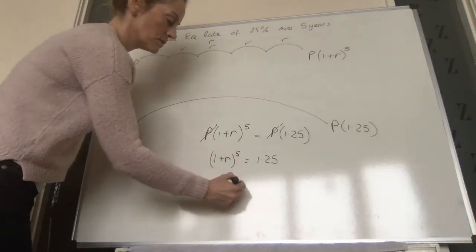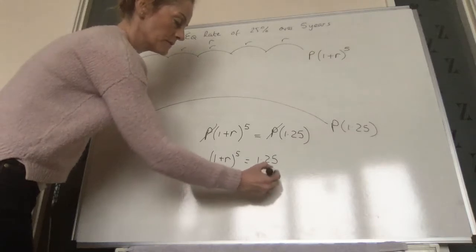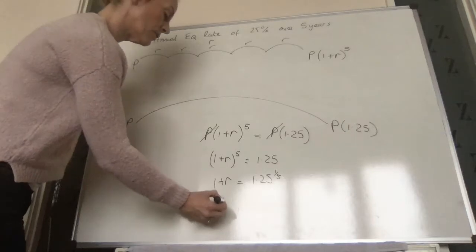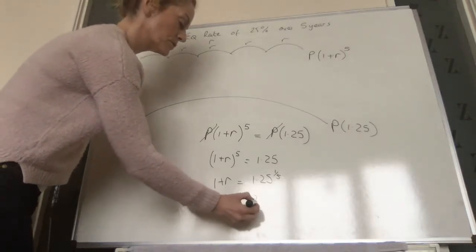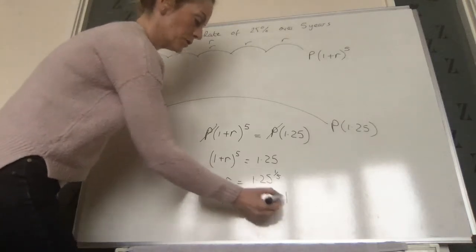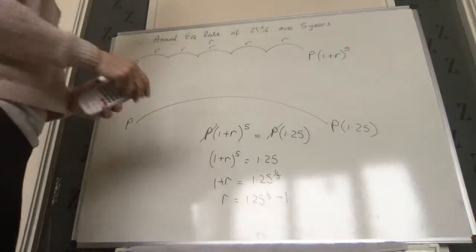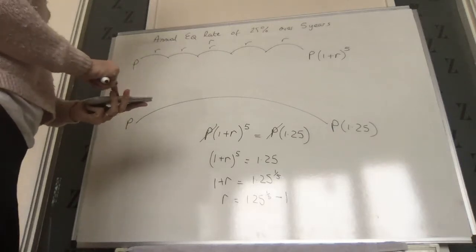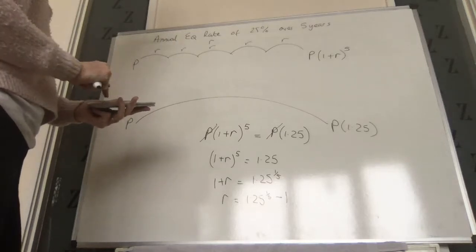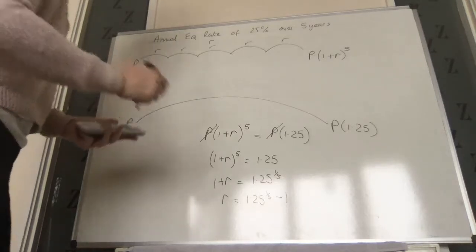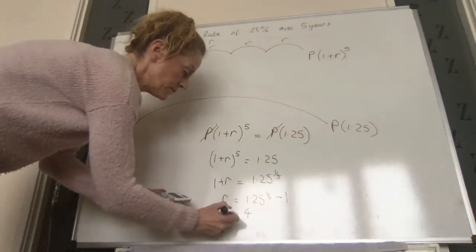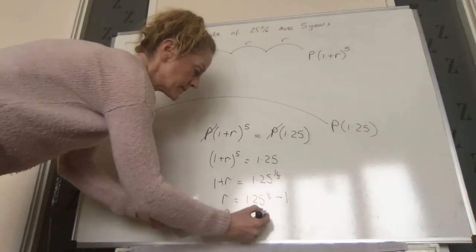So 1 plus R is 1.25 to the power of 1/5, or the fifth root, whichever way you want. And R would be equal to 1.25 to the power of 1/5 minus 1. Now, what does that give us? That's 1.25 to the power of 1/5 minus 1, which is 0.04563.